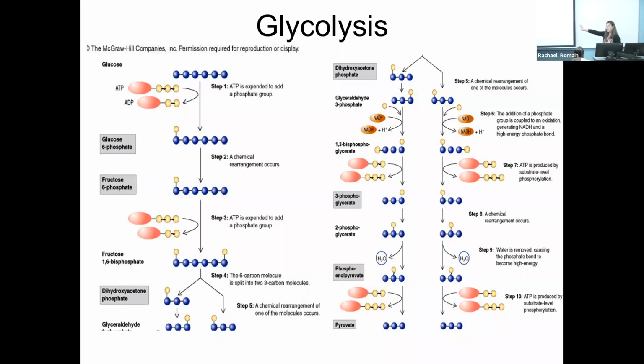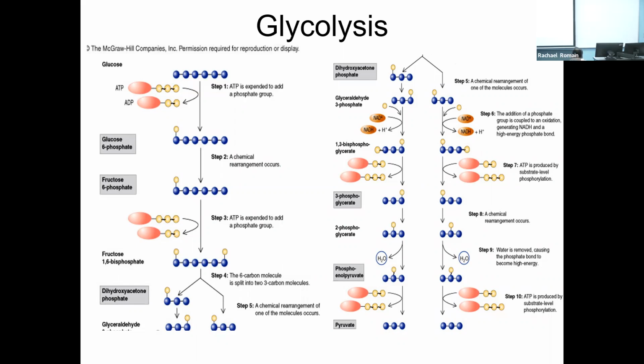I don't care that you know any of this. I need you to know this, okay? Glucose is that 6-carbon sugar. What we've done in the end is turn it into 2 3-carbon molecules. We still have 6 carbon atoms.